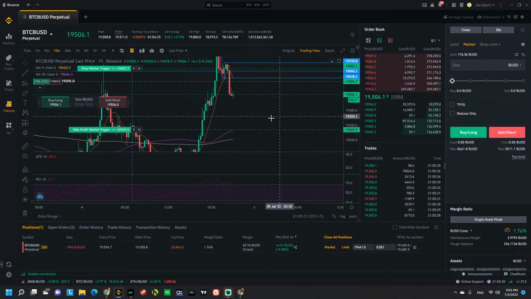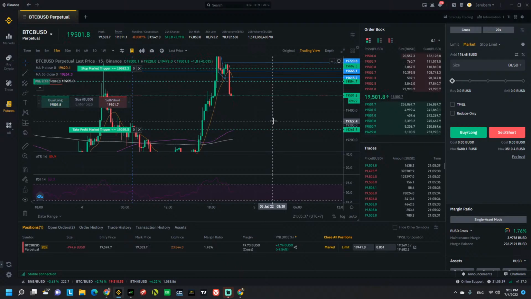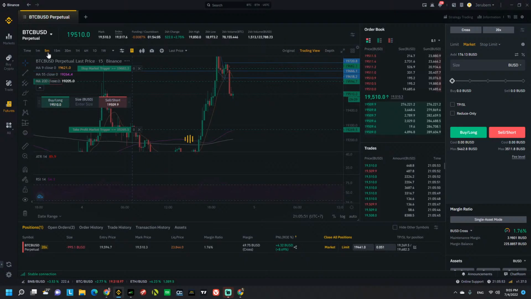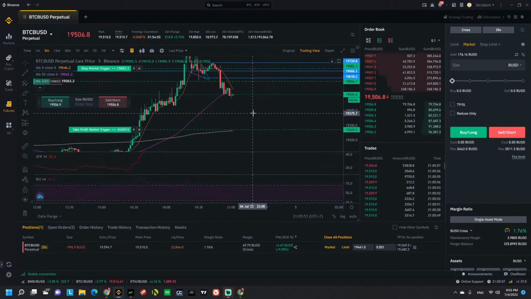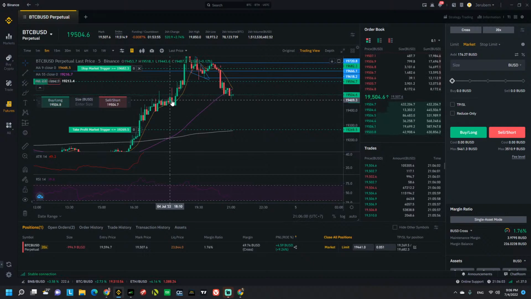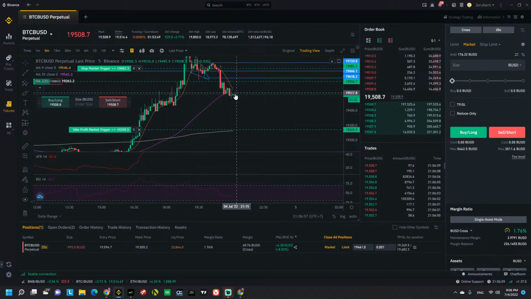Okay, this is crypto. So it looks like it's stalling here. Now it broke the 9, it broke the 55 here in the 5.